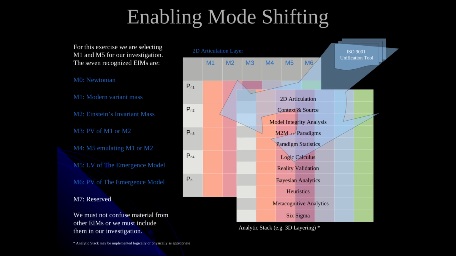And so this is a very important chart, and you can study it ad infinitum, and you could probably spend a long time doing this. But there are layers here where you have to focus on the articulation of the paradigm relative to each EIM. You do the context and source of your articulation. That's where your historical reference points would come in.